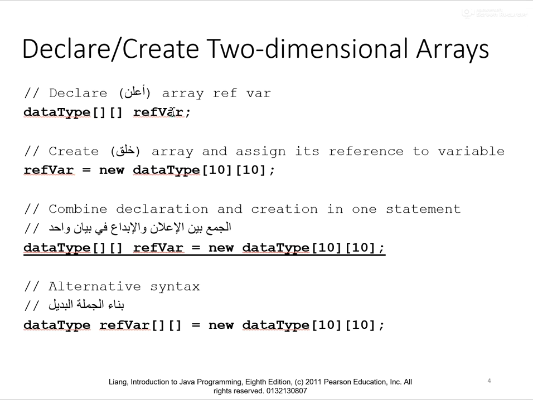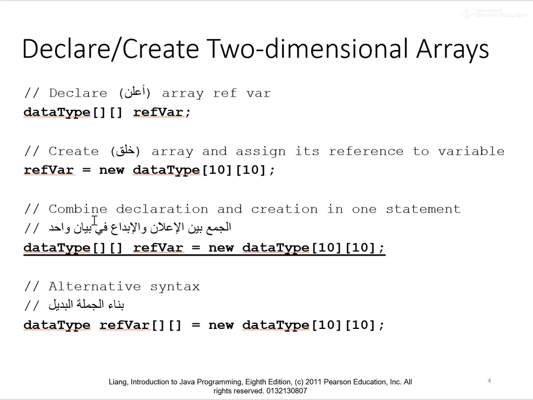Now, as you can see, this is a two-step process, but you can also combine both these steps in a single line, like we have been doing for one-dimensional arrays. So data type, the name that you want to give this two-dimensional array, and then allocate the memory on the right-hand side of this assignment operator.